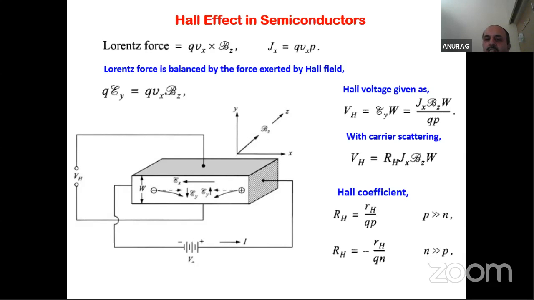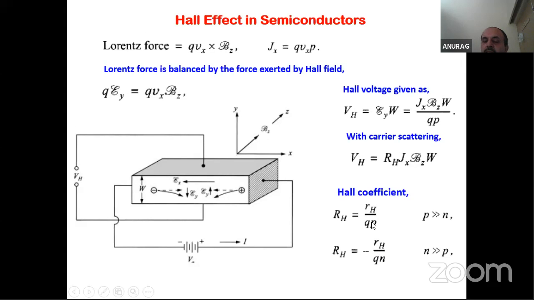Once I have calculated RH, this is called the Hall coefficient. The Hall coefficient is equal to 1 upon QP for a p-type semiconductor. In the case of electrons also, they will go in this direction, so depending upon the polarity I can tell whether it is negative or positive. For an n-type semiconductor, I have the relation RH is equal to minus 1 upon Qn.